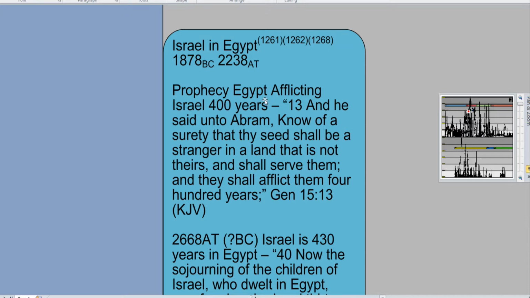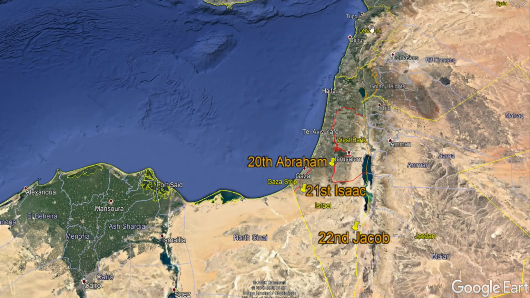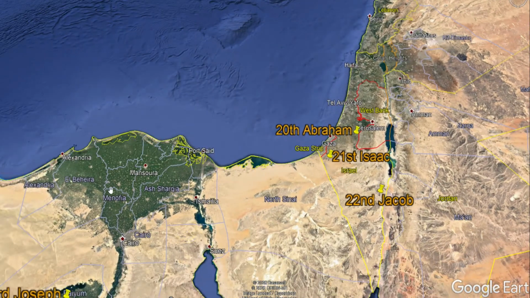And in the Masoretic text, we have this 400 years in Egypt. There was another story with Abraham entering Egypt. And there's another thought process that when Ishmael was persecuting Isaac, that may have started the 400 years of persecution in a land that's not their own. And that'd be the land of Canaan and the land of Egypt.